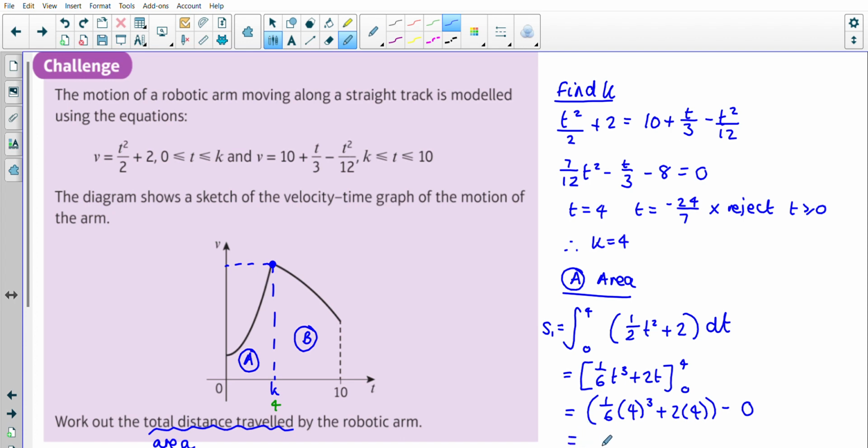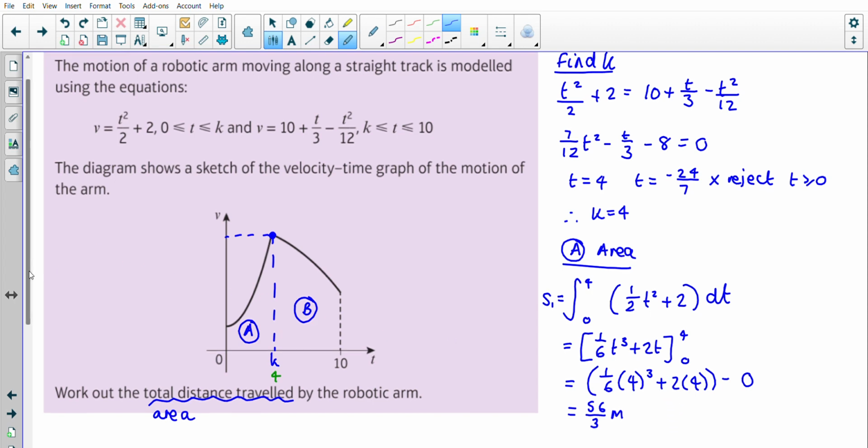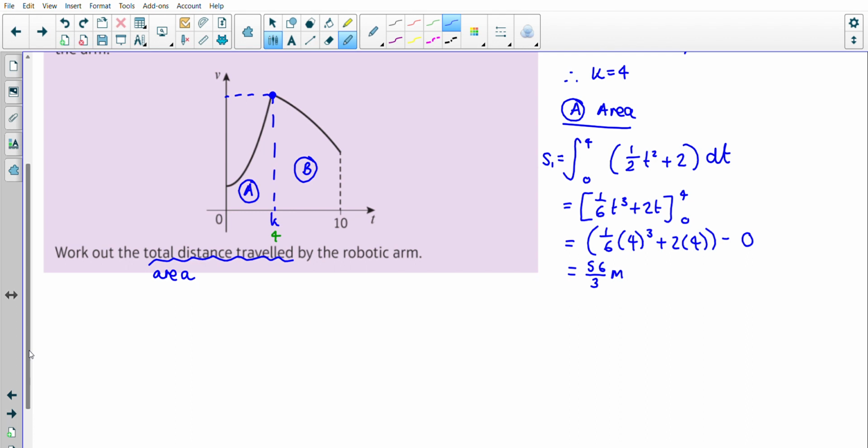And when I do that, I get 56 over 3 meters. Now, both these areas should be positive because they're both above the t-axis, and remember, you can check these on your calculator. I'm going to do the second distance now, finding the second distance, which is part B area.